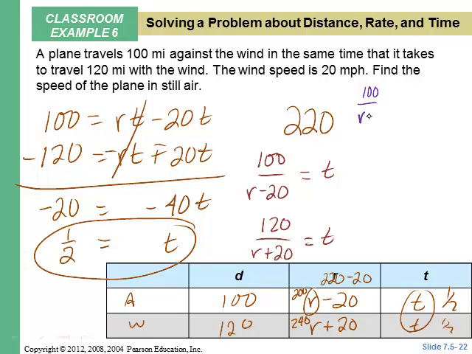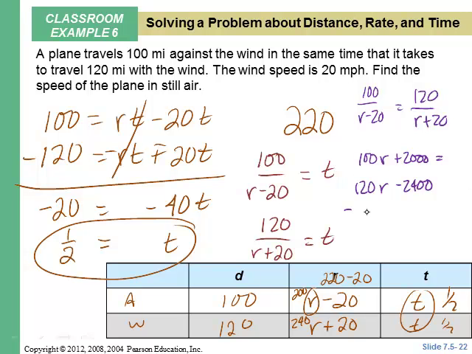100 over r minus 20 equals 120 over r plus 20. Cross multiply, we get 100 r plus 2000 equals 120 r minus 2400.